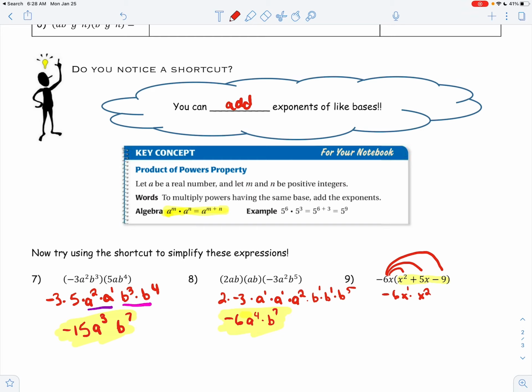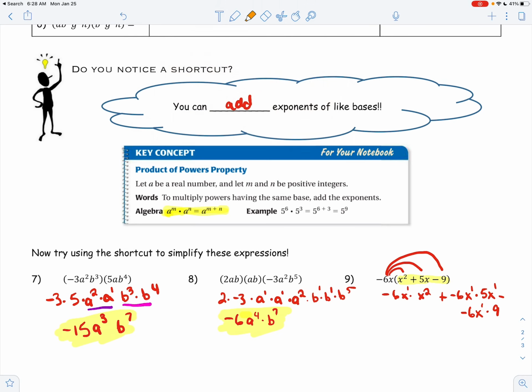So again, negative 6x times x squared plus negative 6x times 5x, and then minus, I'm going to come on another row, negative 6x times 9.